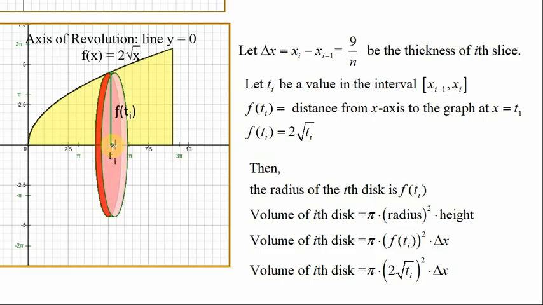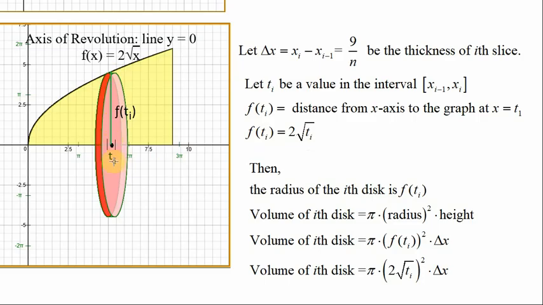Then notice that f of t sub i is the distance from the x-axis to the graph. In this case, f of x is 2 times the square root of x, so f of t sub i would be 2 times the square root of t sub i, which is the distance from the x-axis to the graph at x equal to t sub i.